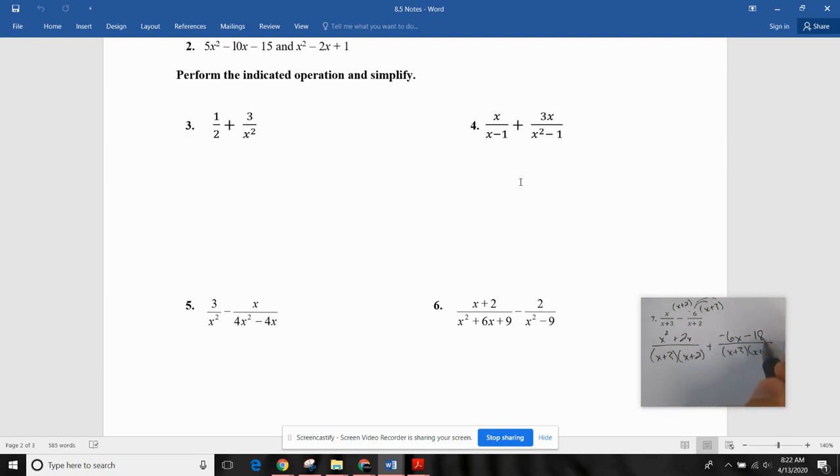You had to distribute that negative, and then it becomes a positive. So my LCD, x plus 3 and x plus 2. And then start combining some like terms. I see an x squared. I see a 2x and a negative 6x, which would be negative 4x, and then minus 18. And that's it. That's your final answer.